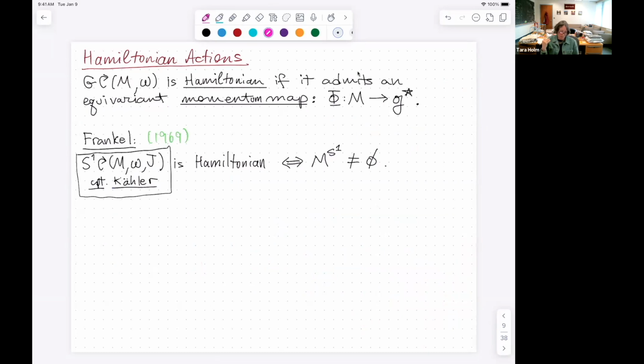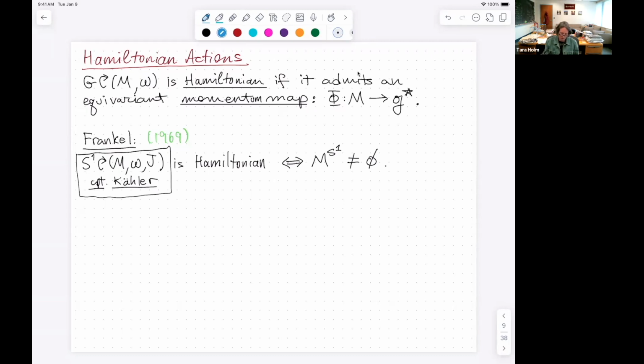Okay, so one of the very first results. This is a result from the 60s relating the existence of such a moment map to fixed point sets. So Frankel showed in the 60s that if you have a circle action on a Kähler manifold, so this is in the context where we have a symplectic form and a compatible integrable complex structure, so a compact Kähler manifold.